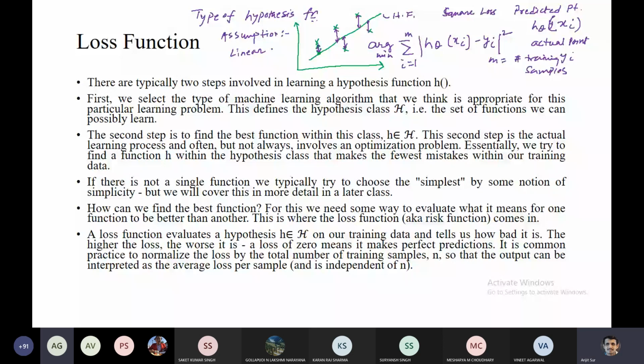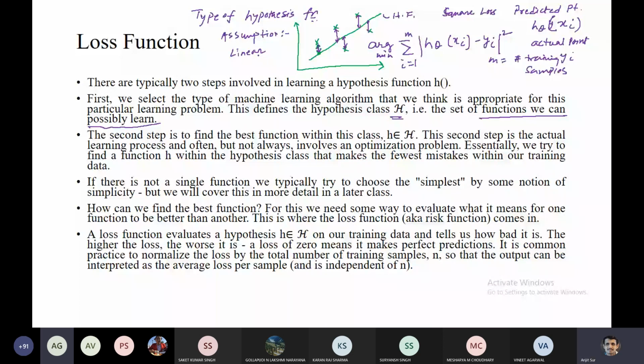First, we select a type of machine learning algorithm that we think appropriate for this particular problem, maybe linear regression or logistic regression. The assumption is that it's linear. So this defines a hypothesis class H as the set of functions we can possibly learn, whether hyperplane or straight line, it's linear in nature. This is one important assumption.